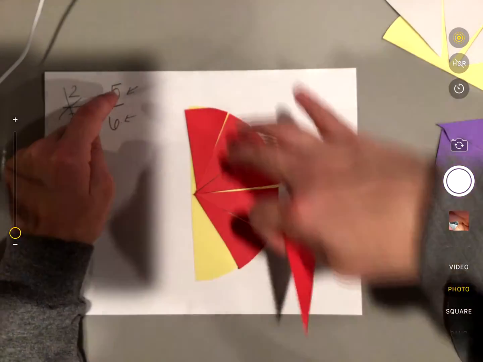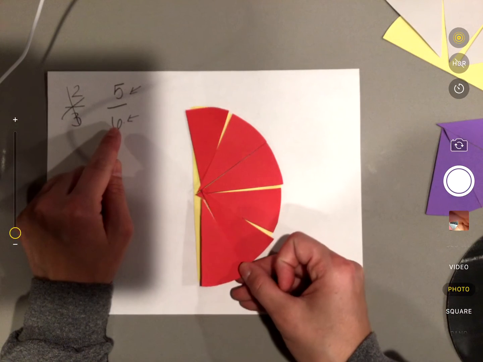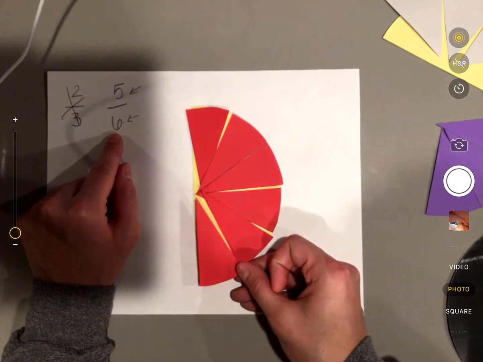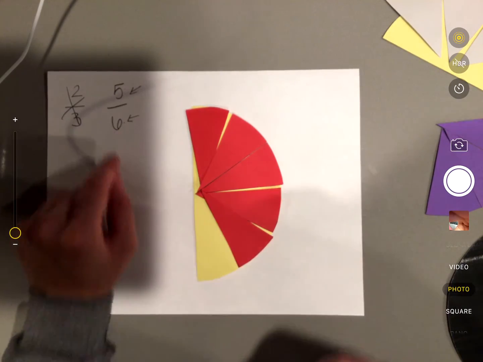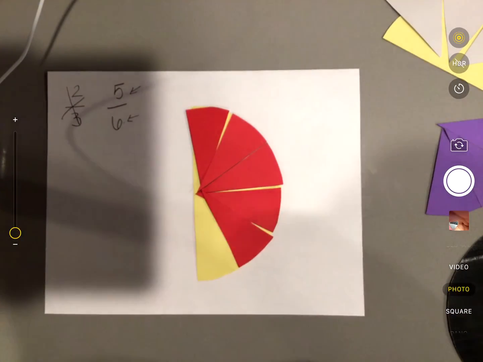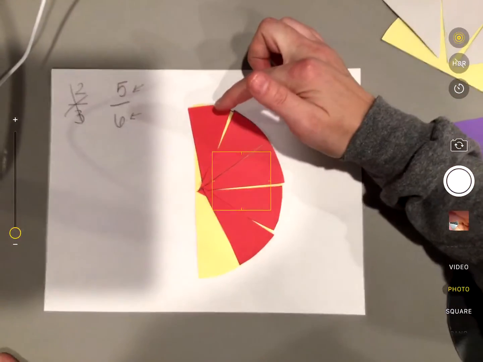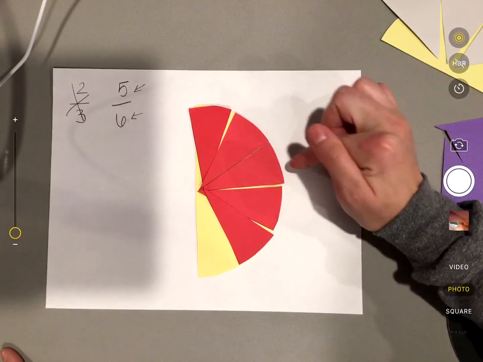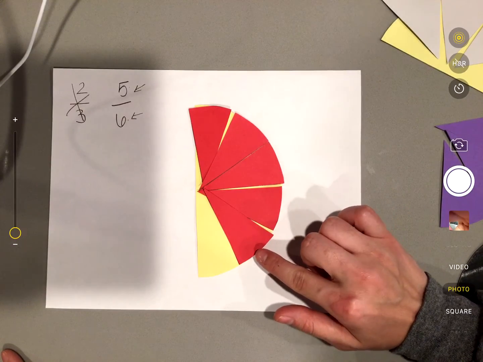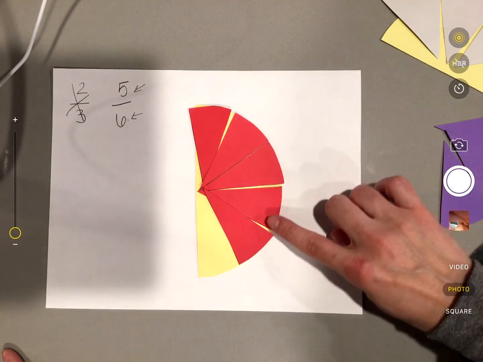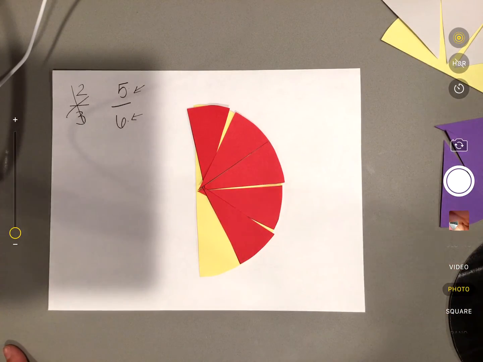So 5 is what I'm interested in of my 6 pieces that your yellow is divided into. So I'm showing you 5/6. And that's 1/6 and 1/6 and 1/6 and 1/6 and 1/6. So 1/6 plus 1/6 plus 1/6 plus 1/6 plus 1/6 gives you 5/6.